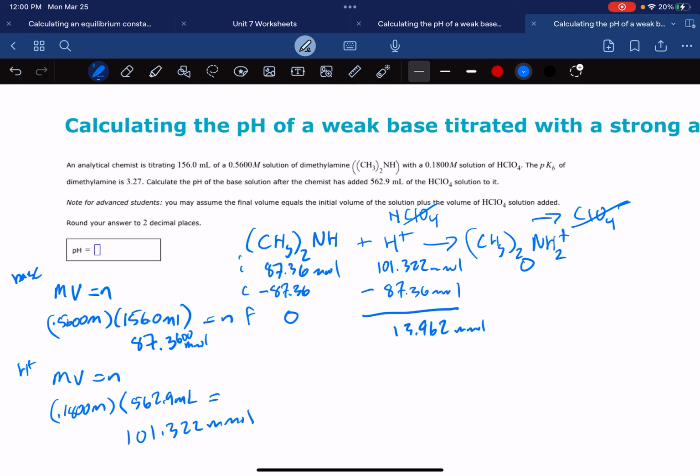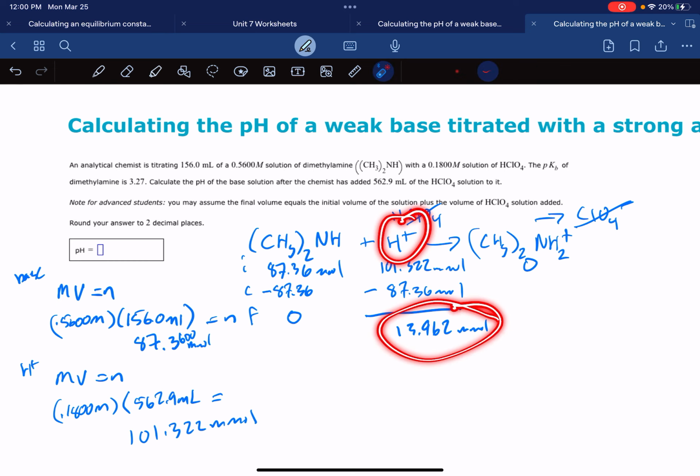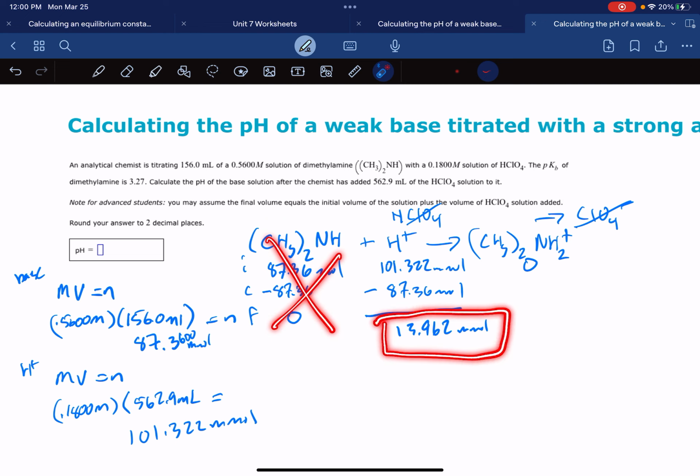That's pure H plus that is left over after we tried to titrate. Our goal was to titrate and neutralize it, but we had so much H plus that we completely used up all of this, and ended up with this amount of millimoles of H plus just sitting there.